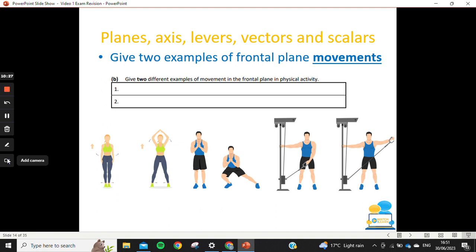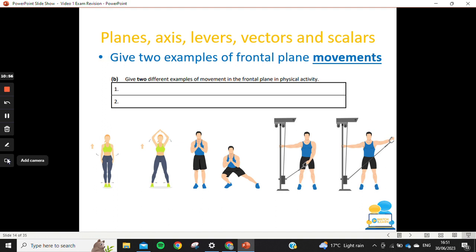So in this examination they were quite general, so you could have given cartwheel or sidestep or jumping jacks, but what they may ask for in different examinations is they may ask for movements, they may ask for skills. So if we're looking at movements here in a more fitness or training environment, you're looking at jumping jacks.